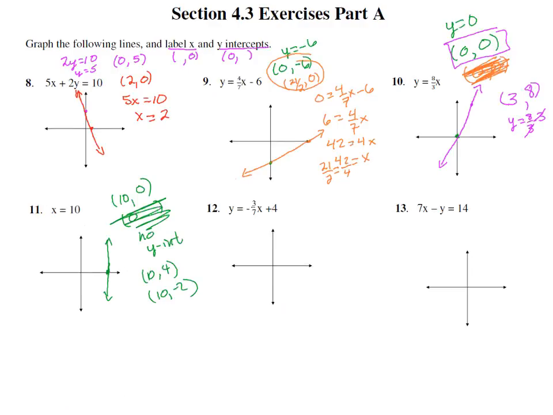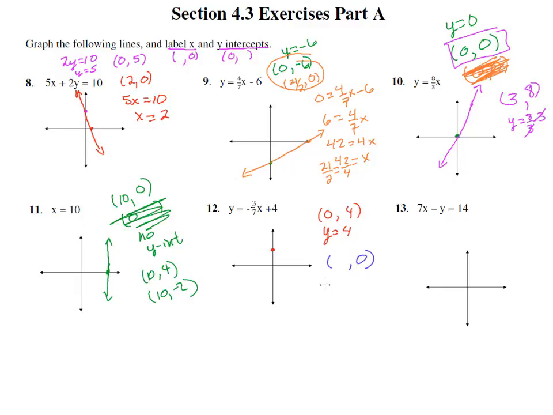Number 12. This looks like a normal-ish looking line, so we stick in 0 for x to get the y-intercept. Negative 3/7 times 0, and we get y equals 0 plus 4 is 4. So 0, 4, there's our y-intercept right there. And now stick in 0 for y to get our x-intercept.